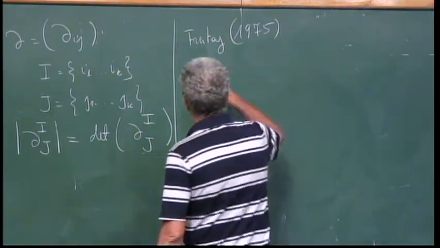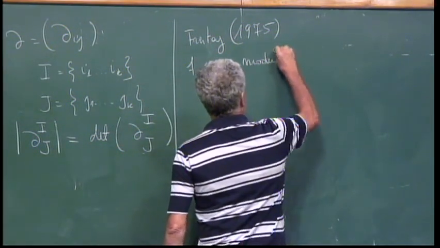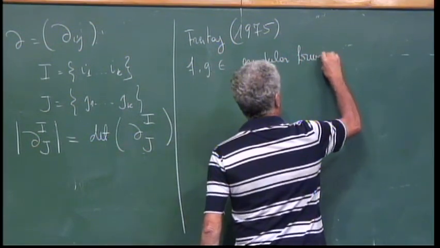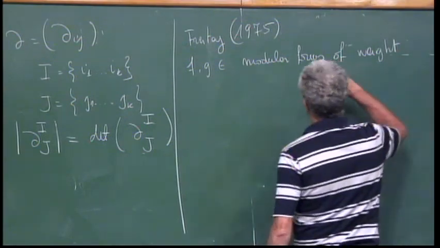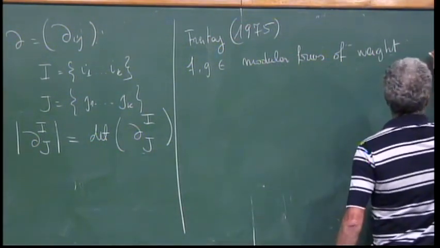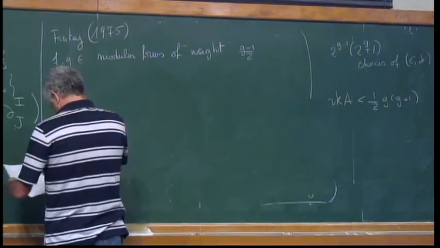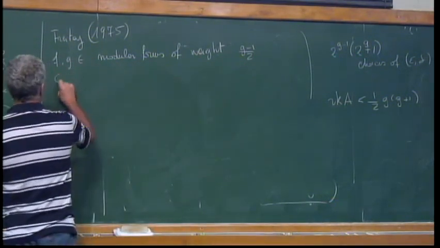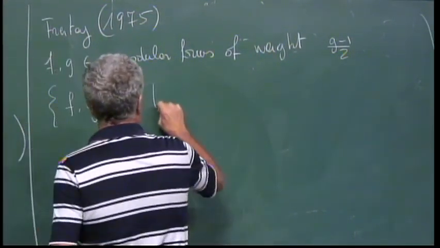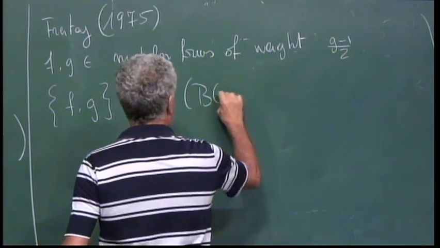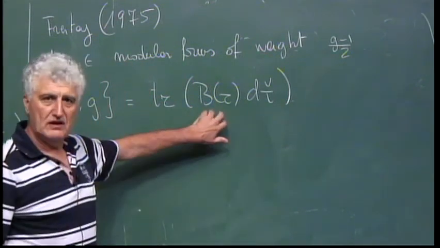And so if you consider F and G two scalar valued modular forms of weight g minus 1 over 2, and you define this product, Fg is equal to the trace of B tau, D tau sharp, as before. But then I have to tell you what B tau is.